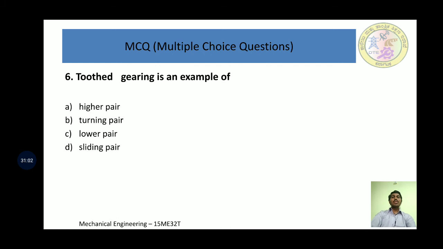Toothed gearing is an example of a higher pair. When two elements of a pair have a line or point contact when relative motion takes place, and the motion between the two elements is partly turning and partly sliding, that's why it is a higher pair. Gears have a point contact.